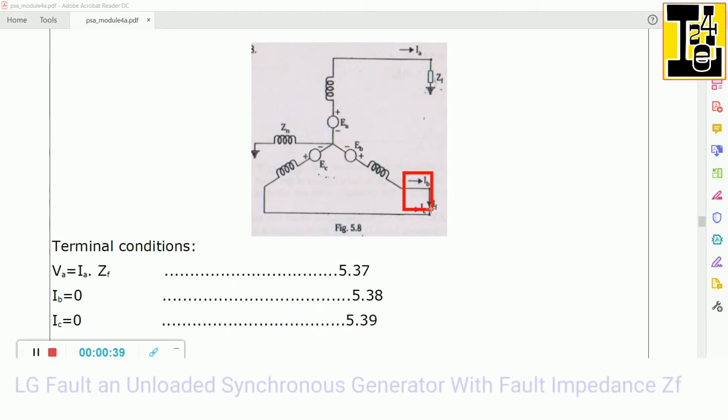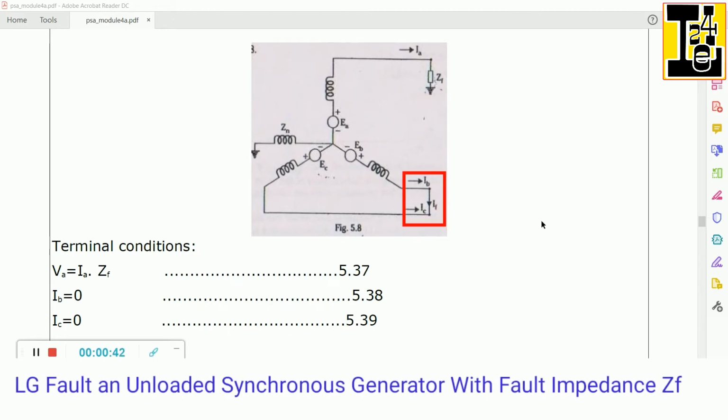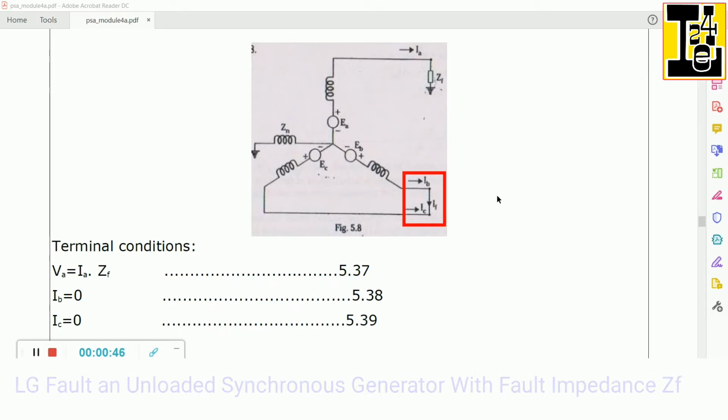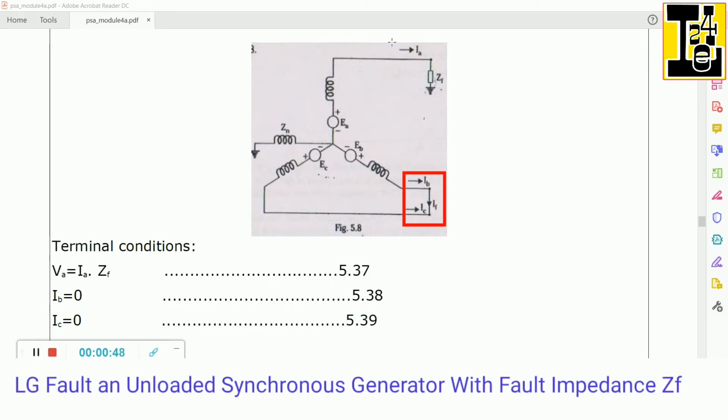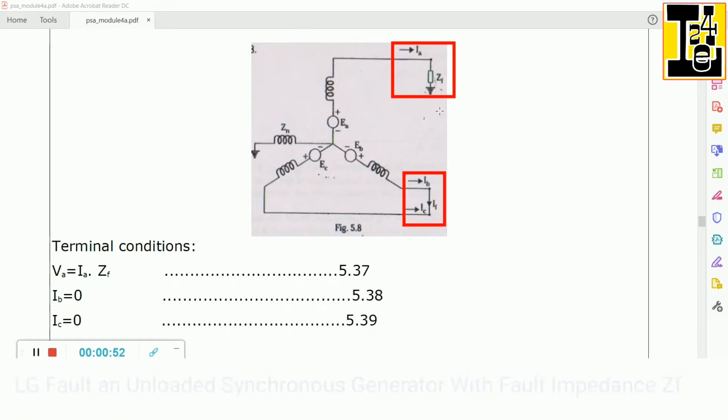Please don't consider this one, by mistake I have drawn it. There is no fault at phase B and phase C. We will only consider the fault at phase A, that is the LG fault.